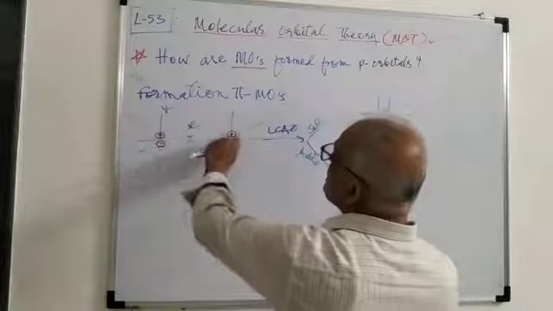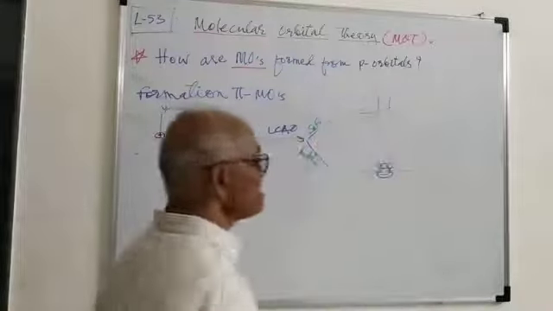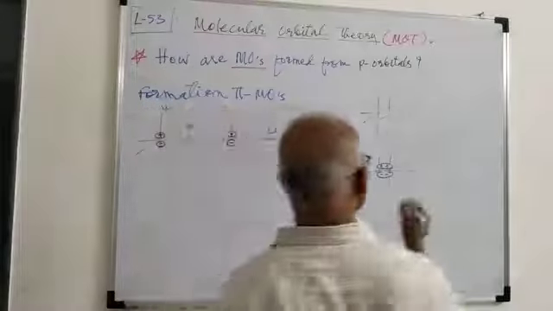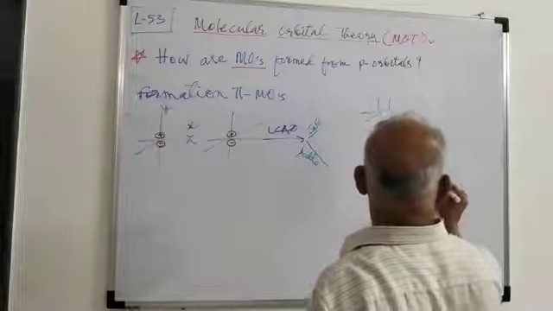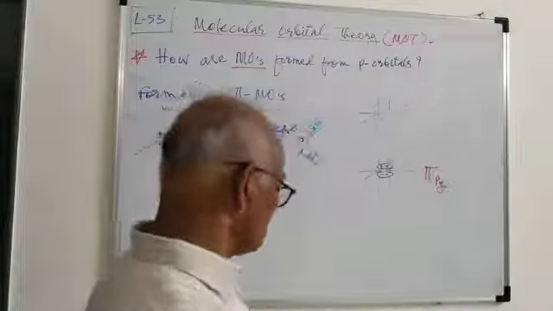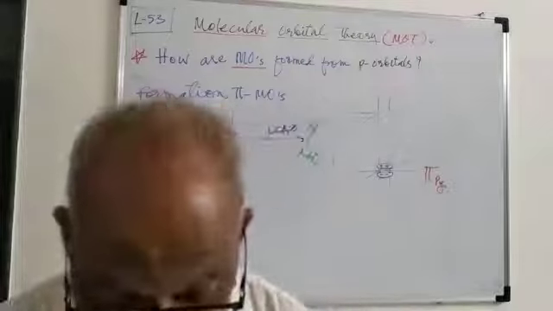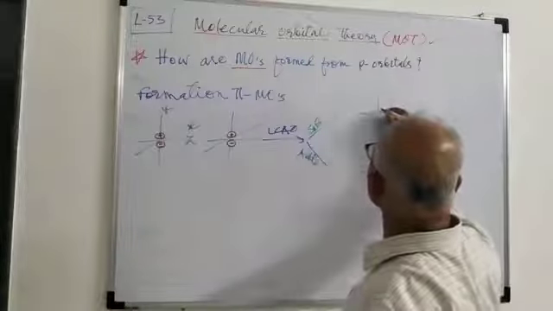So plus plus will come together, minus minus will come together. So this is plus plus and this is minus minus. So this will produce the pi py orbitals, these bonding molecular orbitals. Similarly, we will have the molecular orbitals of antibonding nature.